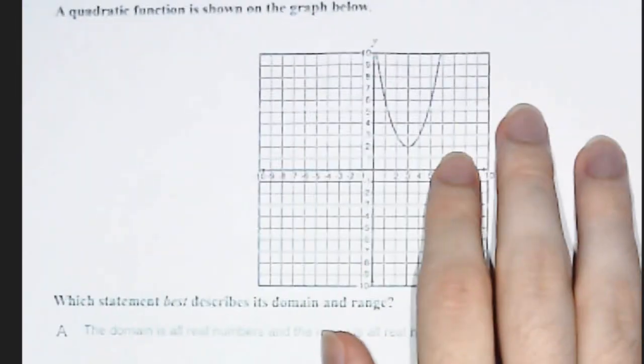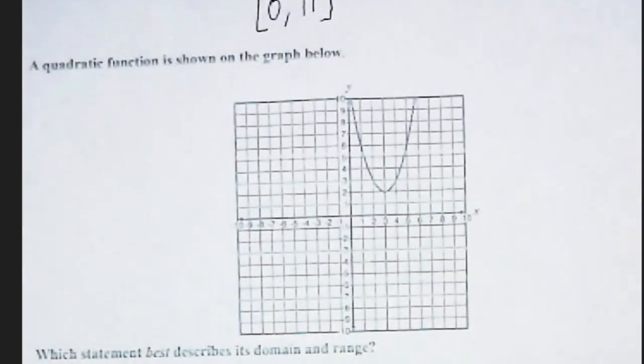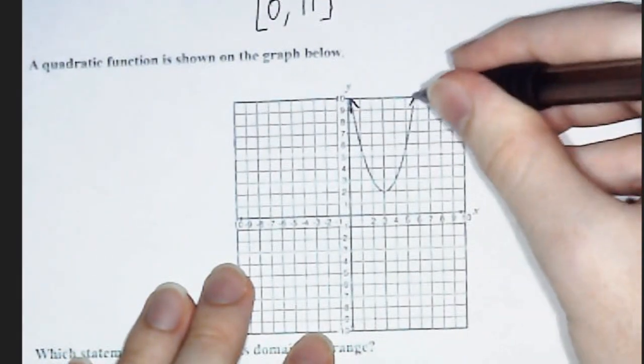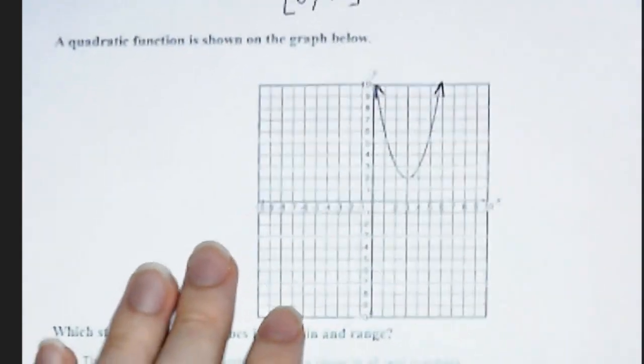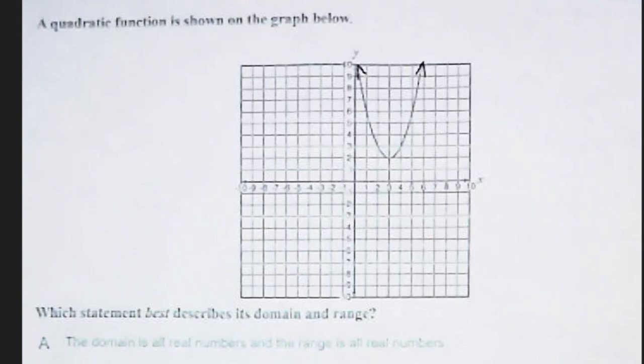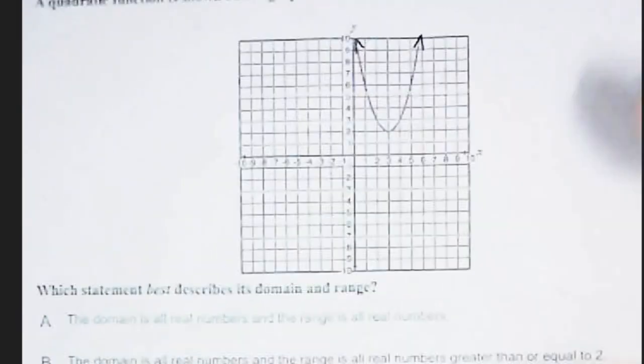All right. A quadratic function is shown on the graph below. Now this quadratic function is infinite, so let's draw some arrows. Now, which statement best describes the domain and range? Okay, on the camera it's not showing very well.